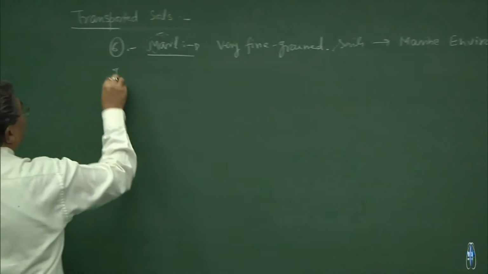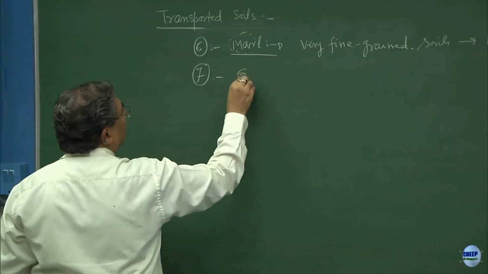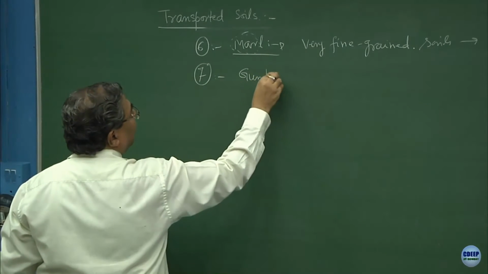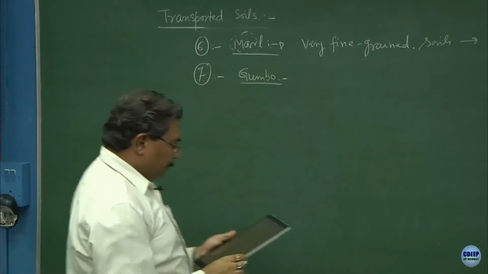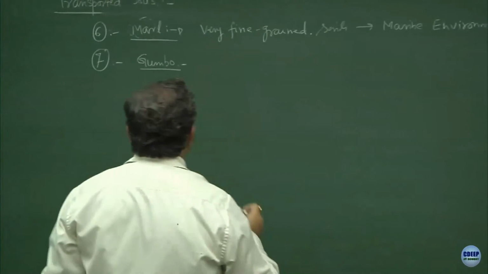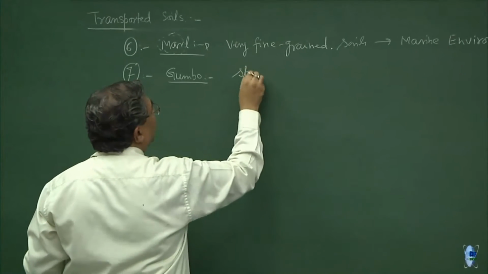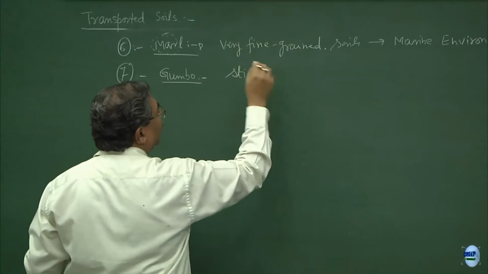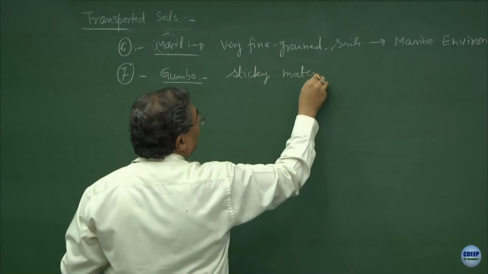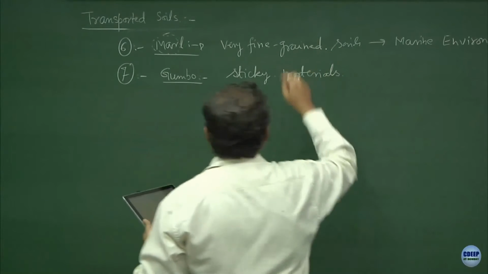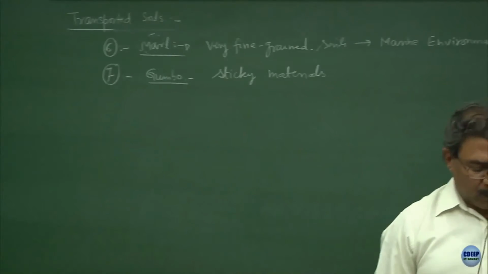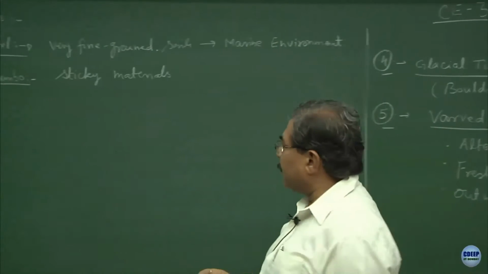There is another category which is known as gumbo. These are very sticky materials. And when soil is going to be sticky, it is also going to be plastic in nature and dark colored.